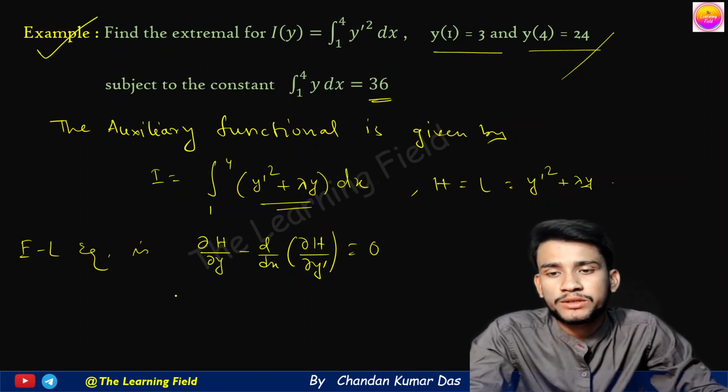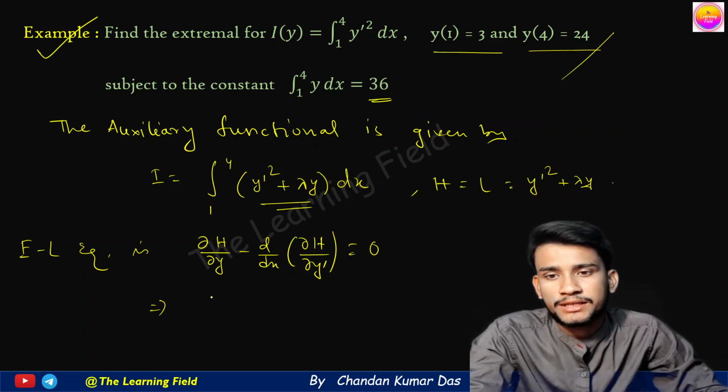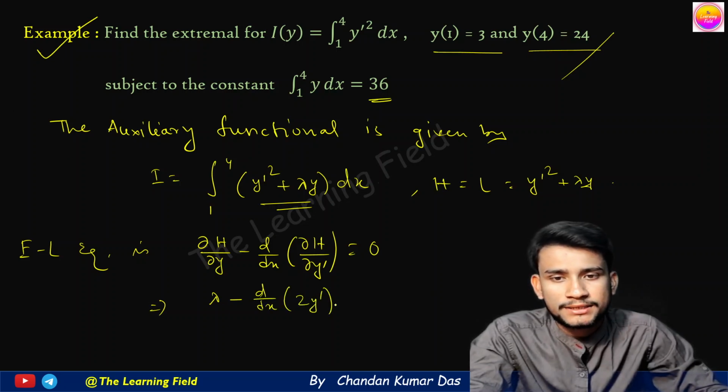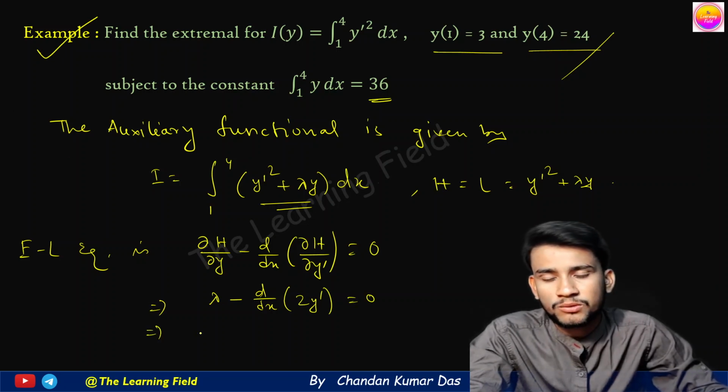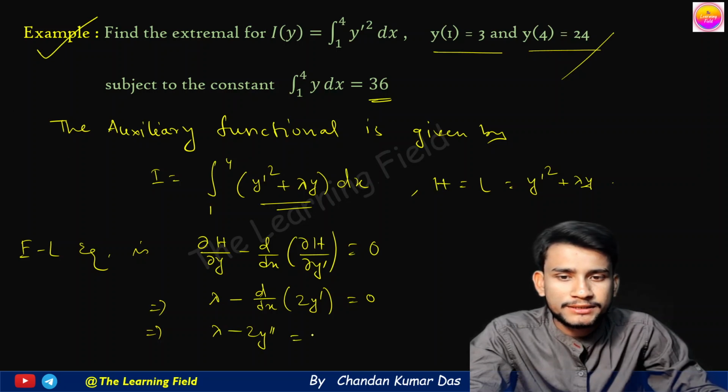Okay, so del L del y means lambda, minus d/dx of del L del y dash, which means 2y dash, is equal to 0. This implies lambda minus 2y double dash is equal to 0.